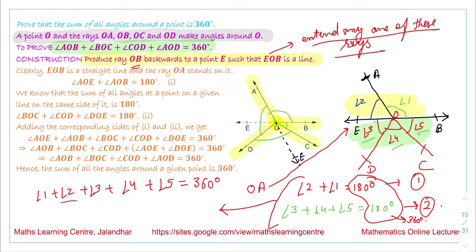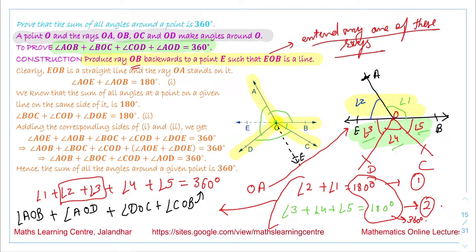Now angle 2 plus angle 3 is angle AOD. Angle 1 is angle AOB, angle 4 is angle DOC, and angle 5 is angle COB, and the sum of all these angles is 360 degree, and this is what we have to prove.